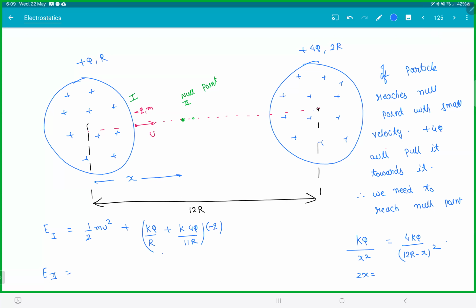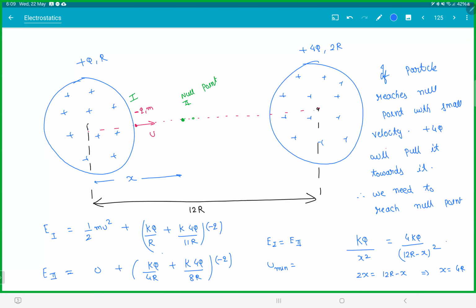You get 2x is equal to 12r minus x, so x is 4r. So this particle's kinetic energy is 0. Potential energy would be kq by 4r plus k4q by 8r, into charge minus q. E1 is equal to E2, conservation of energy. This will give you the value of u. This is u minimum. I will leave the working to you.